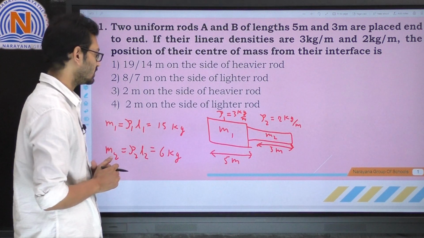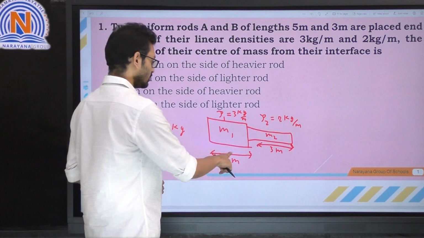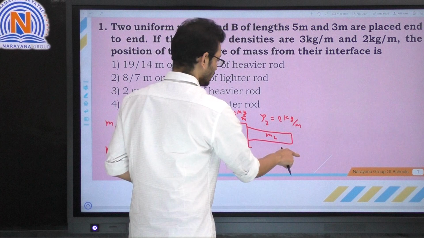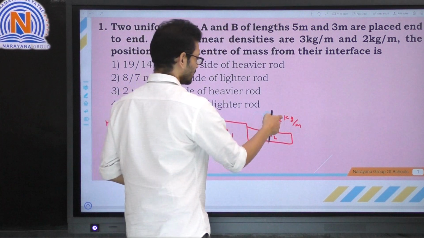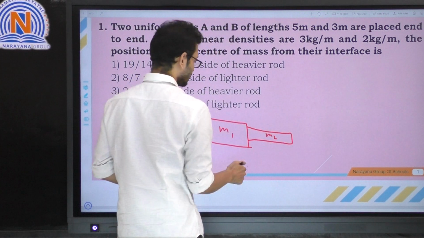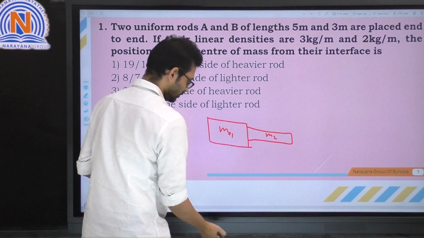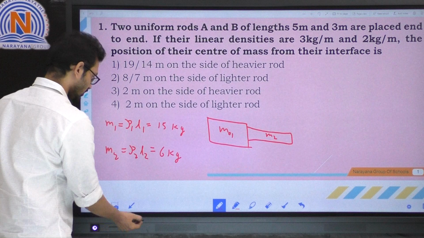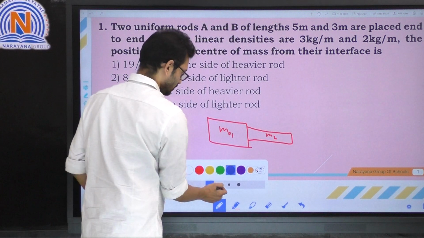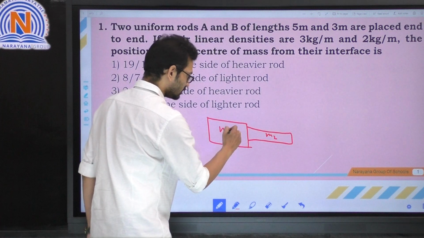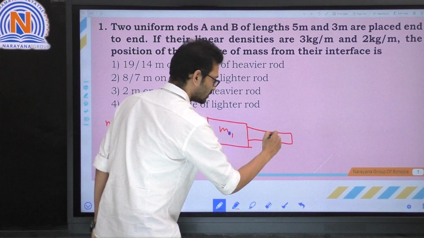The center of mass is going to be around half of the length. The length is 3 meters, and the center of mass is going to be somewhere around here. I'll draw it in blue. Let us think the center of mass of this one is over here, and the center of mass of this one is over here.